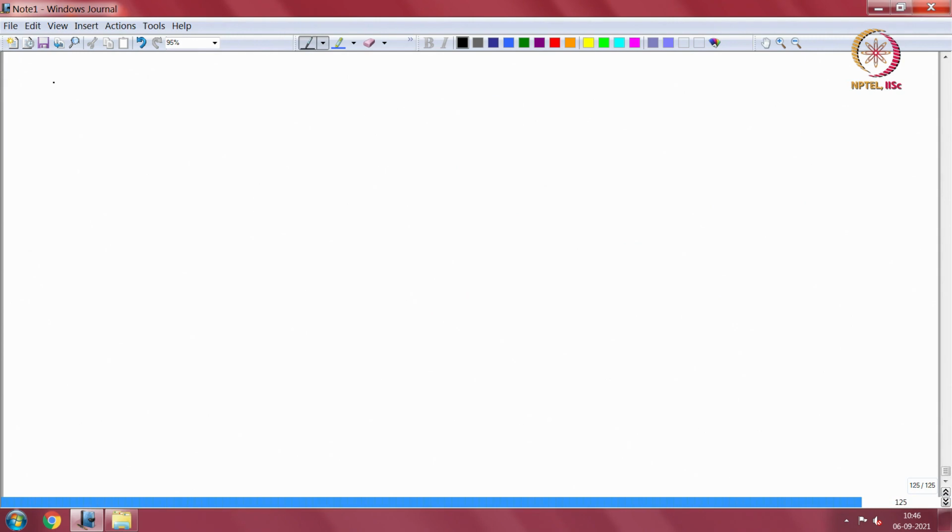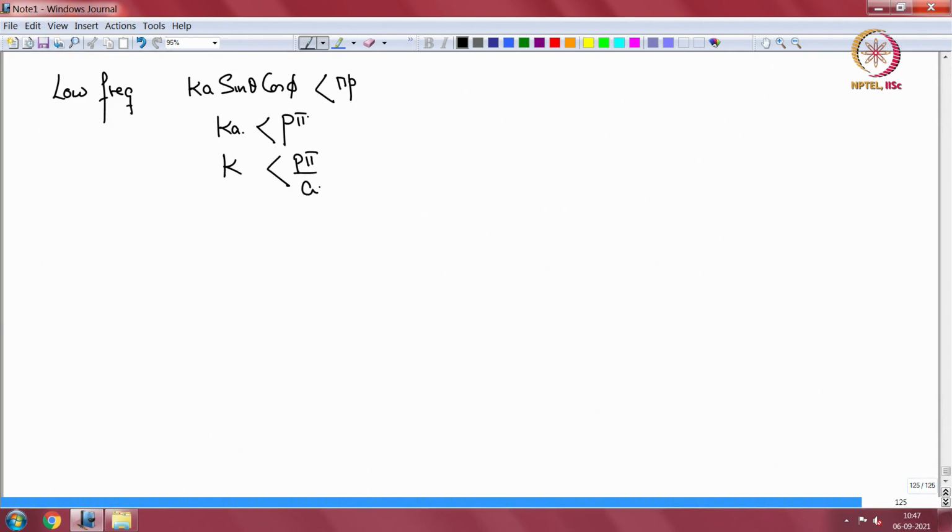Now let me just remind you, low frequency means Ka sin theta cos phi is less than p pi, or Ka is less than p pi, which implies K is less than p pi by A, or lambda is greater than lambda x.